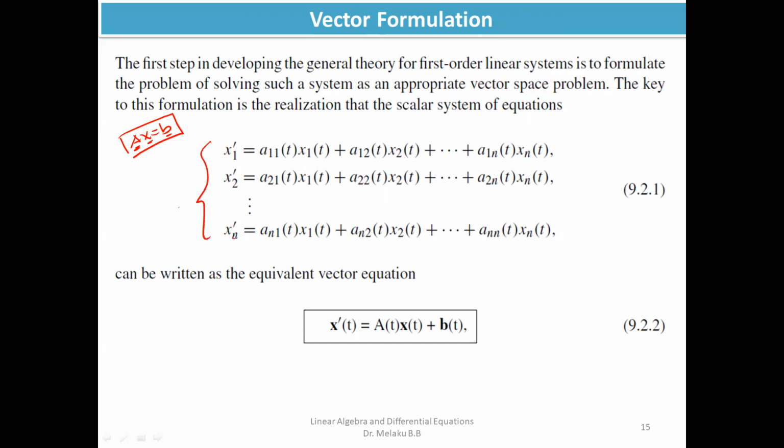This can be equivalently written as Ax equal to b like this. But instead of Ax plus b, now, because these are differential equations, these are considered as b in this case, remember. However, these are with coefficients A(t), and x(t) are the variables.